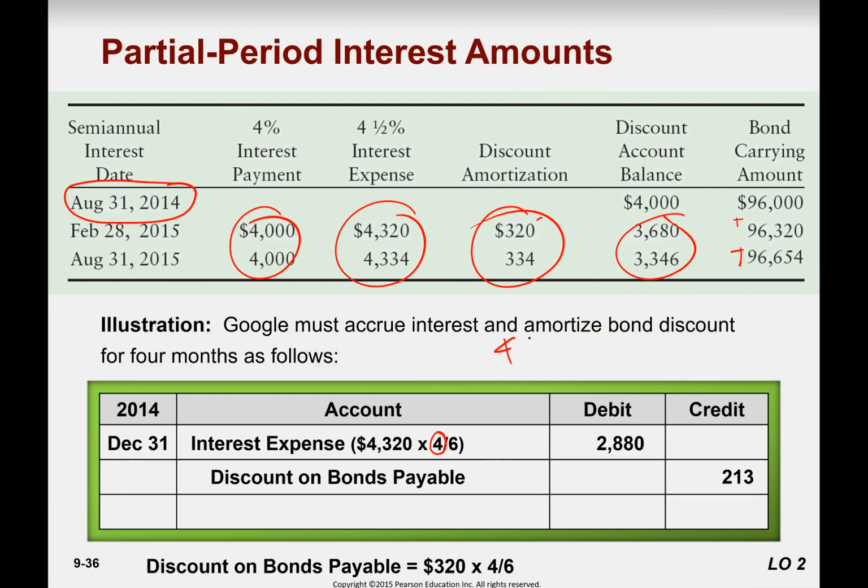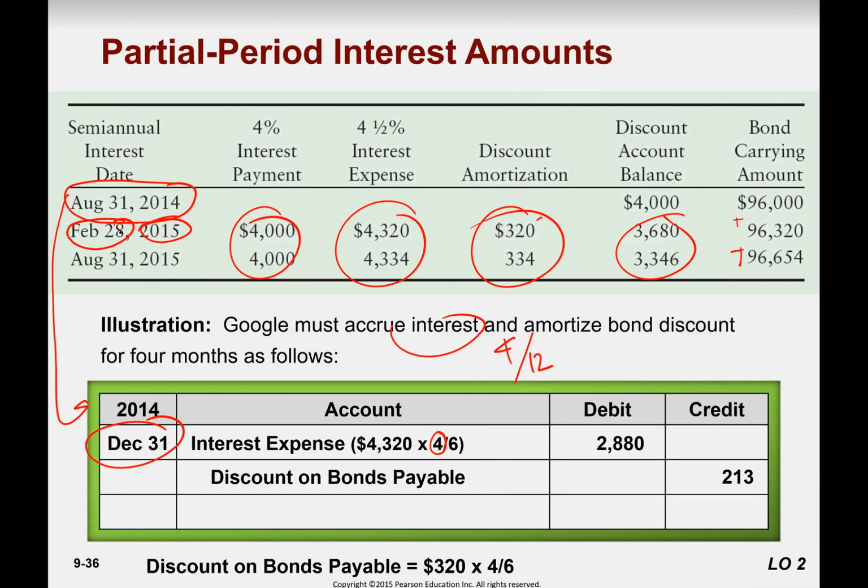We use 4 months, and interest expense is based on the interest accrued on bonds payable for 31st of December. So from August 31st to 2014, there are September, October, November, and December, 4 months, right? So this is the interest payment semi-annually, which is to be paid on 28 February 2018.